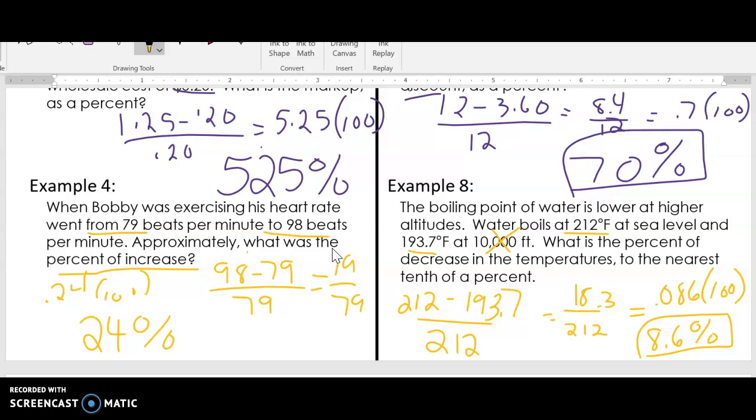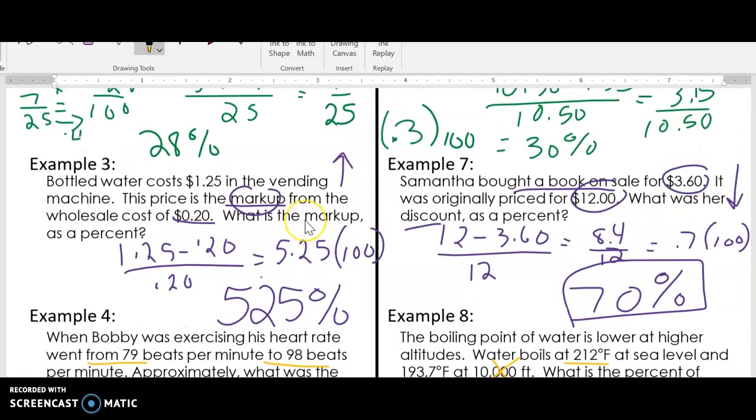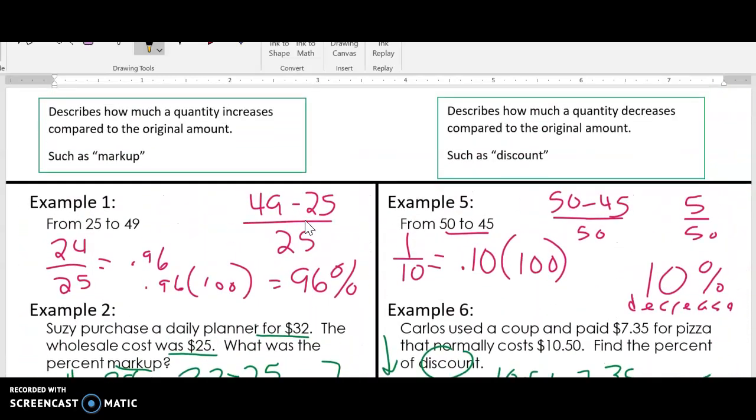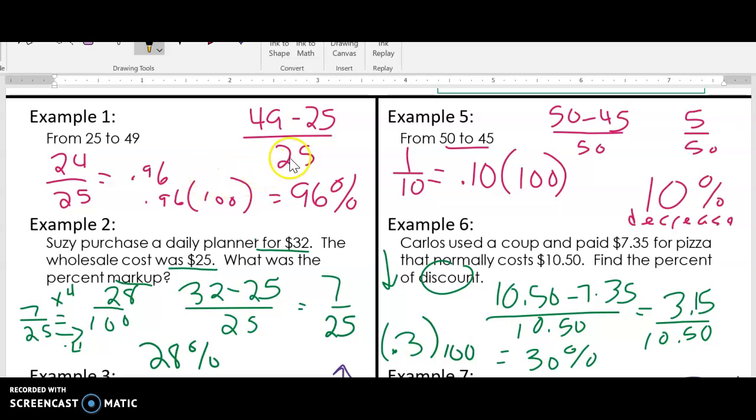So if you notice, we're doing the percent of change, and in this worksheet you're going to have to pay attention to the original, and through the words, your original is going to be from the situation. So when I went from a markup, I had to take the lower number. When I went to the discount, I took the higher number.